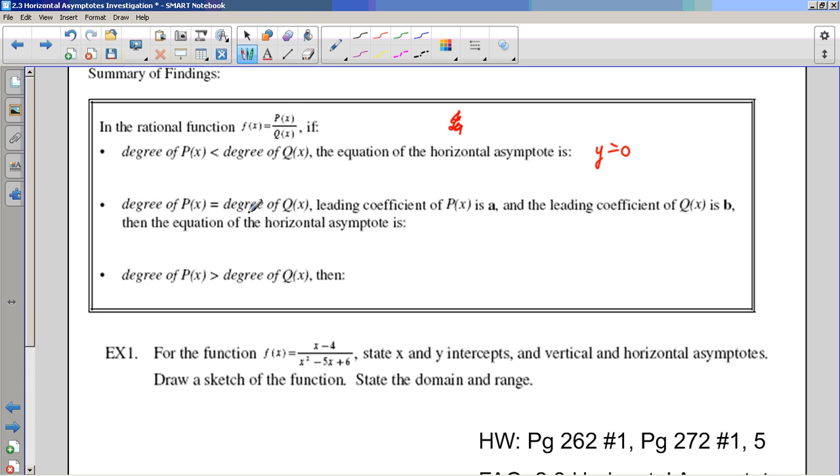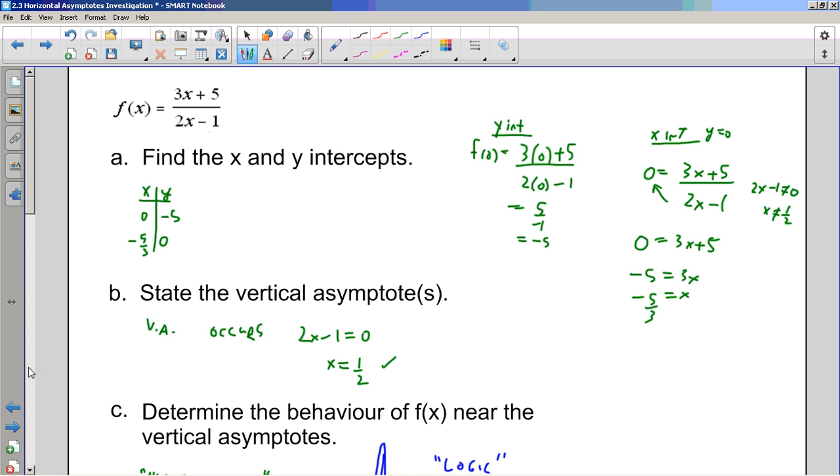Here, if the degrees are equal, essentially what we think of is the x's kind of cancel out, and then we just pick off the leading coefficients of the top and bottom. So the leading coefficient of the top is a, the leading coefficient of the bottom is b, then we have y equals a over b. And in fact, that was the case in the 3-minute review example, right?